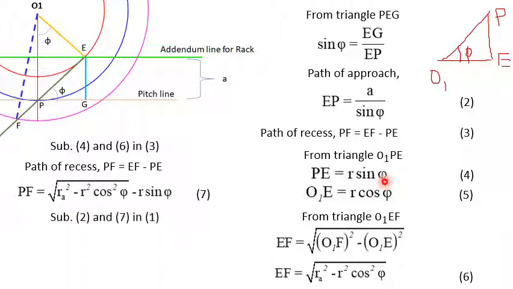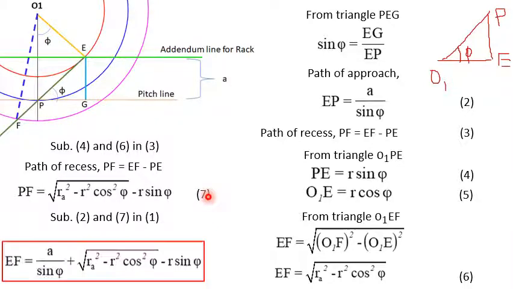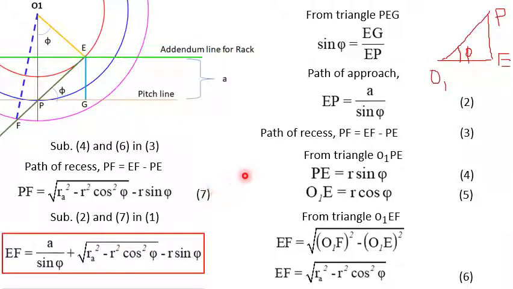Call this equation number 7. Now substitute equation 2 and equation 7 in equation number 1. Therefore, the length of path of contact EF is equal to small a divided by sin phi plus the root of RA square minus R square cos square phi minus R sin phi. So this is the equation for the length of path of contact.